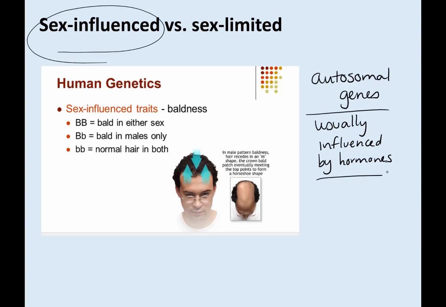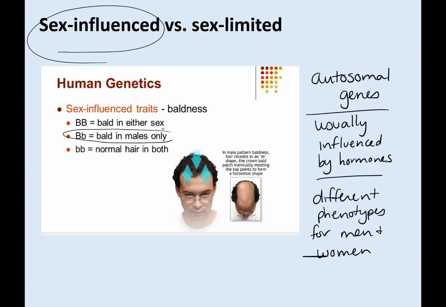And they're going to differ among the men and women. So you get different phenotypes for men and women. And in general, it again is the heterozygote that shows this difference.